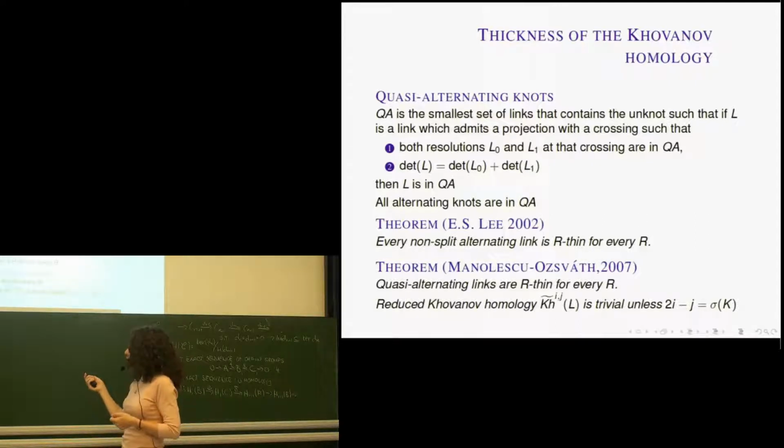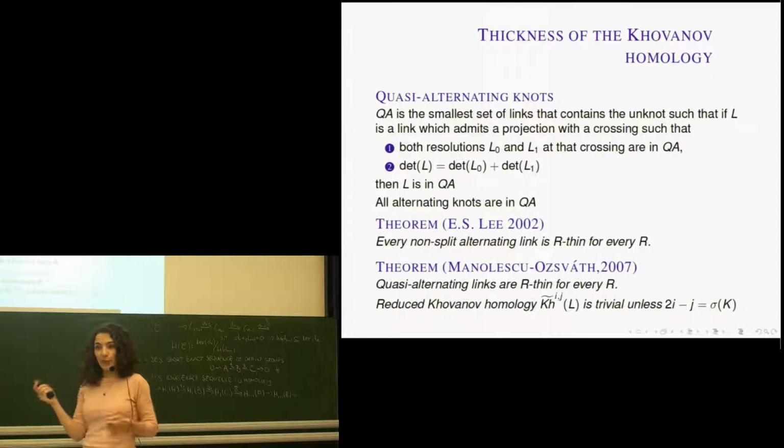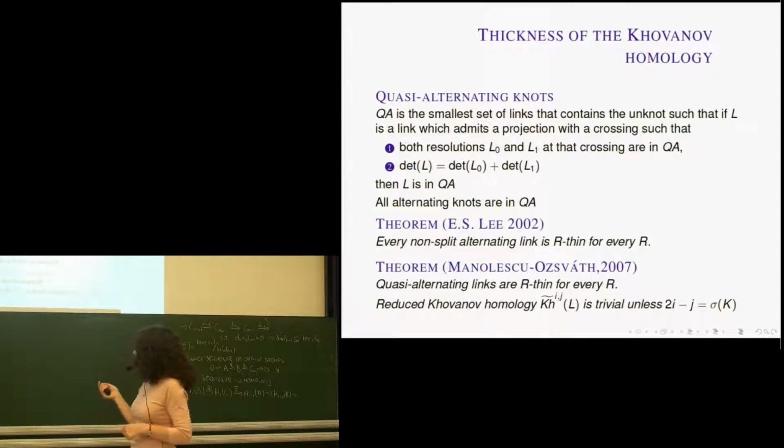So instead of giving you this proof, for pedagogical reasons I'm going to give you a later proof by Manolescu and Ozsváth that's a generalization of this one. What they proved in 2007 is that actually quasi-alternating links are thin. So you have a stronger result than the previous one.